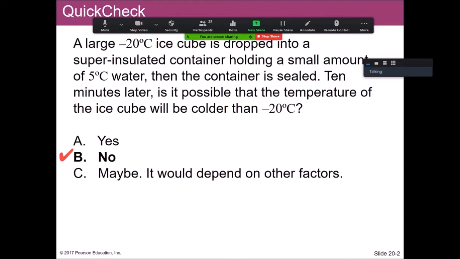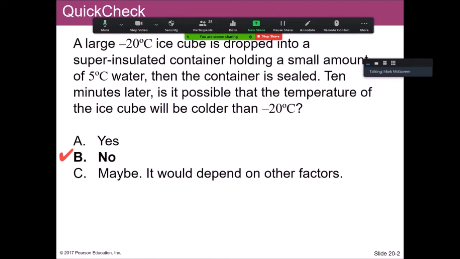We have a few scenarios, right? If there's not a lot of water, well, then the ice will heat up a little bit, and the water will drop down to some lower temperature, right? If there's a lot of water, there could be enough energy to melt the ice and bring the system to an equilibrium temperature.